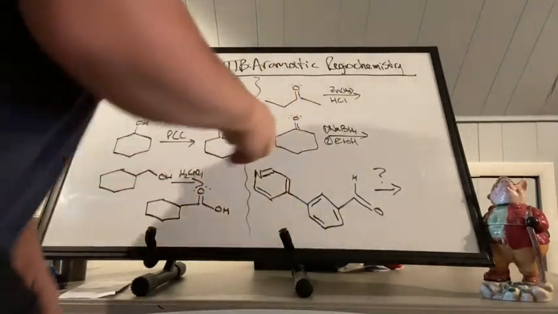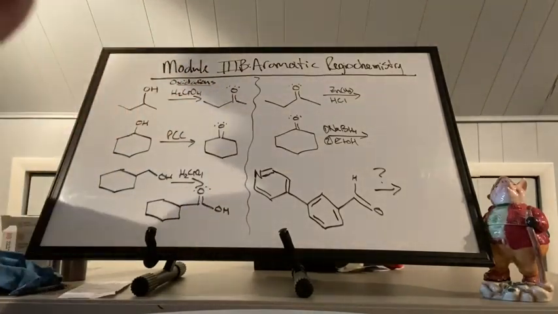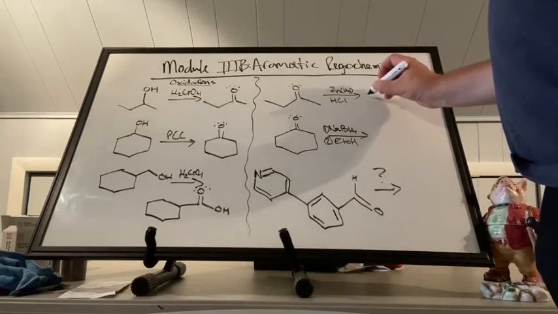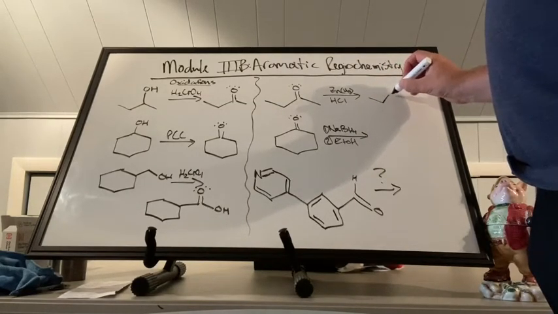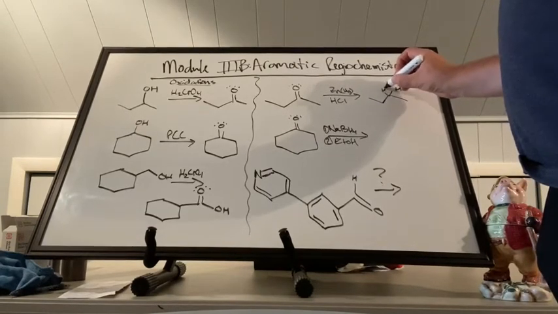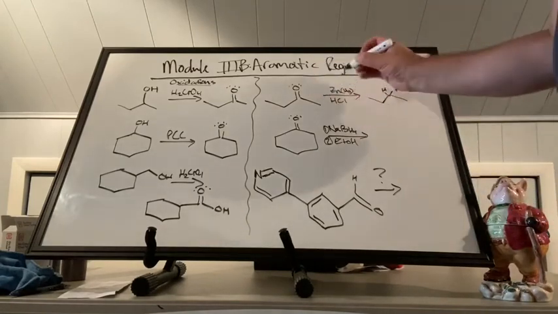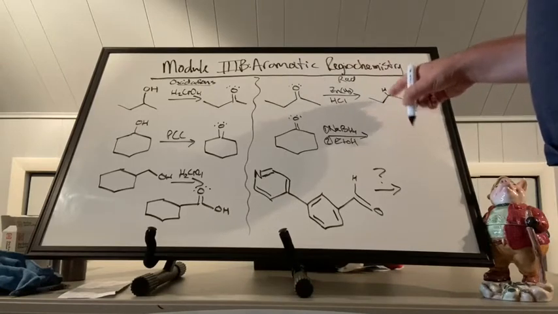And then on the right side here are reductions. So the first up is going to be Clemmensen reduction. Okay, so this is going to be a full reduction of that carbonyl to, again, a methylene carbon.